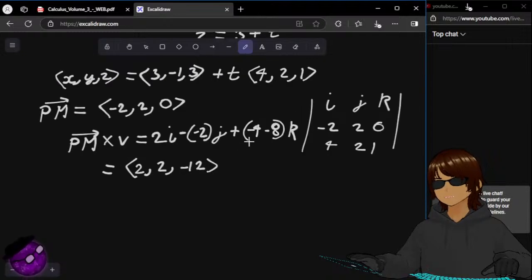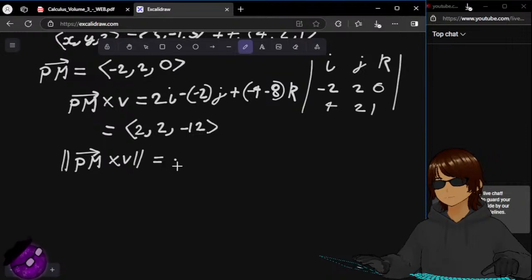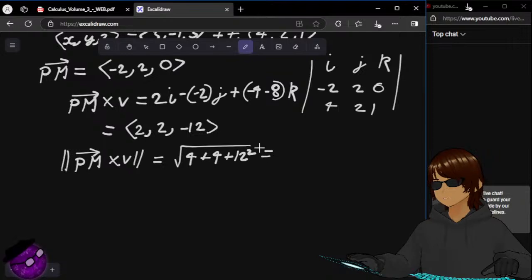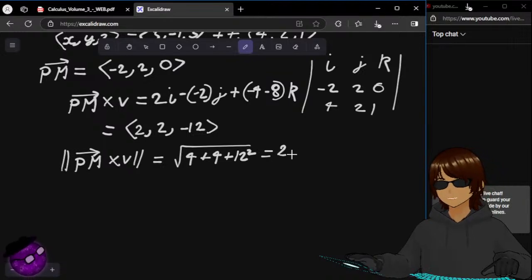Let me see. So if I take the root of 4 plus 16, I have a calculator with me. Root 20, so I got 2 root 5.